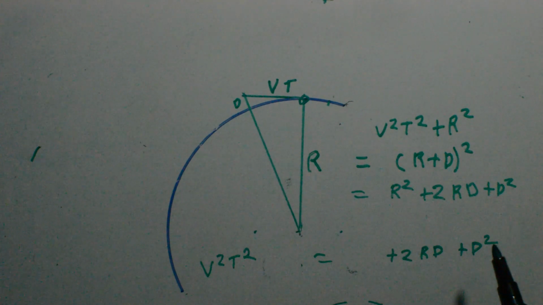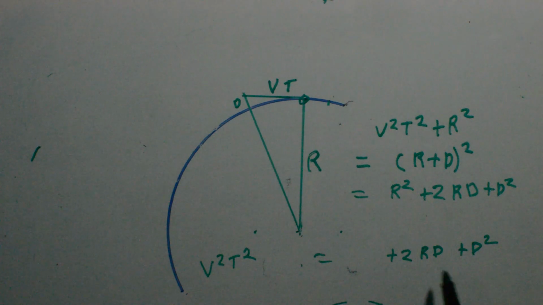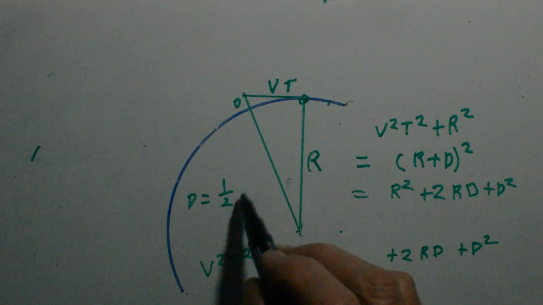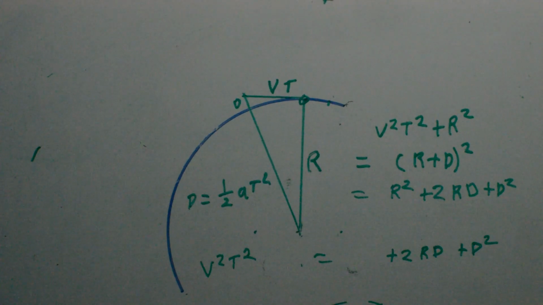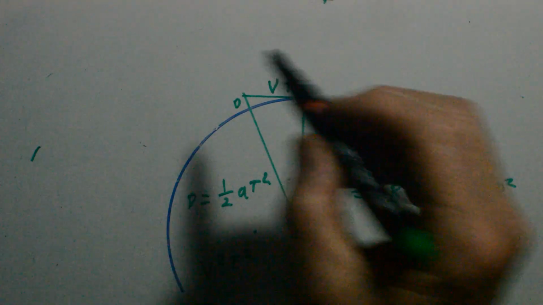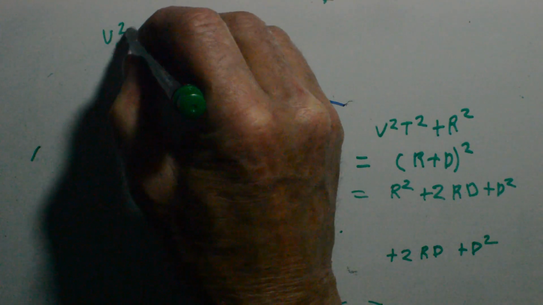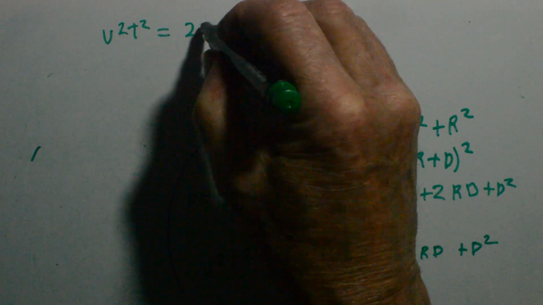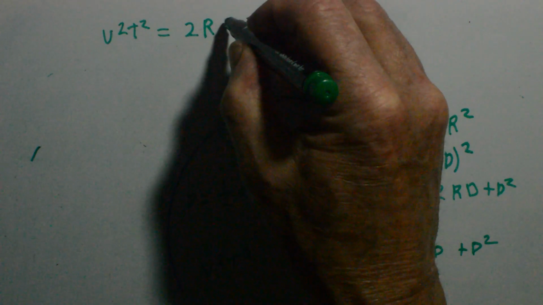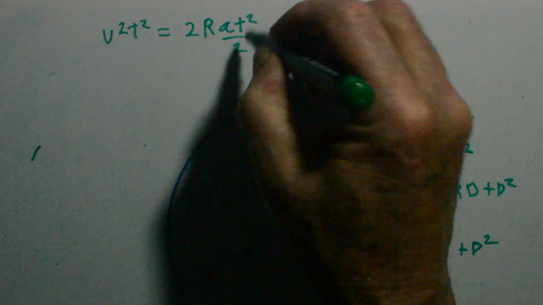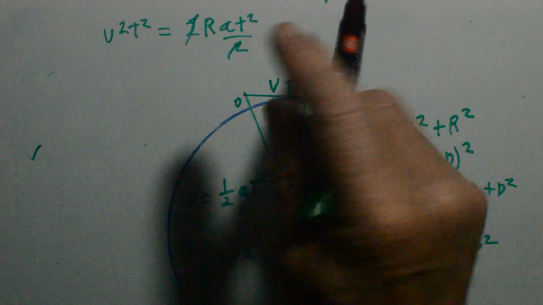Now, what we can do next is we can take our d equals 1/2 at squared and substitute that in. So we'll have v squared t squared equals 2r times at squared over 2. This 2 cancels.